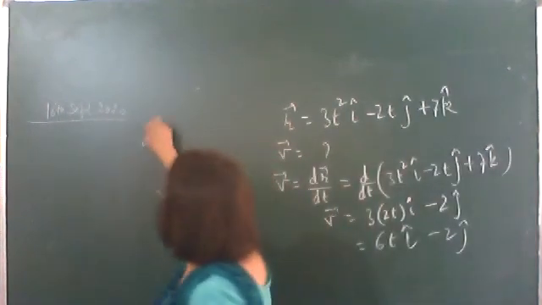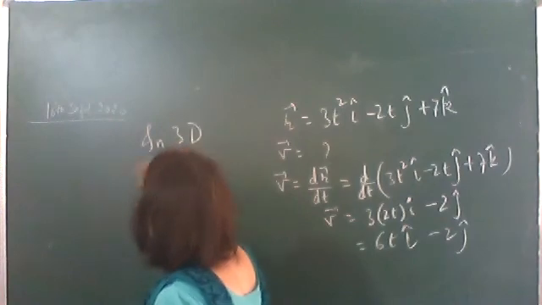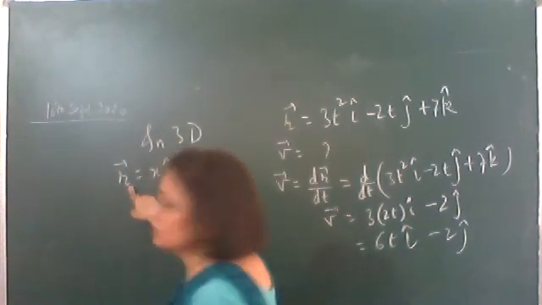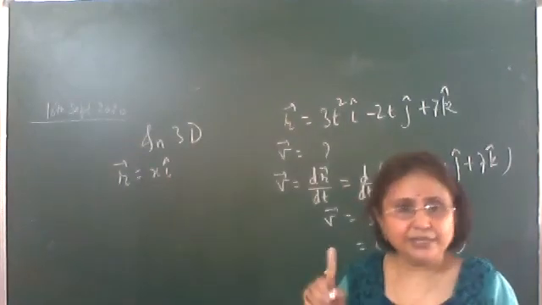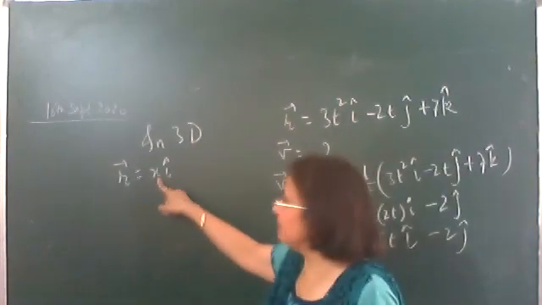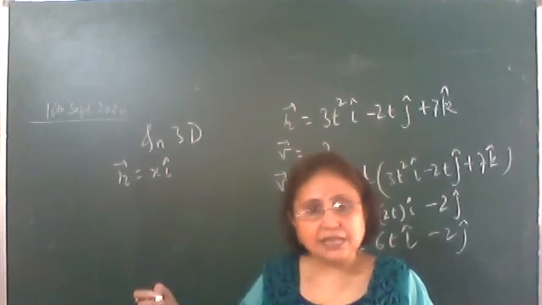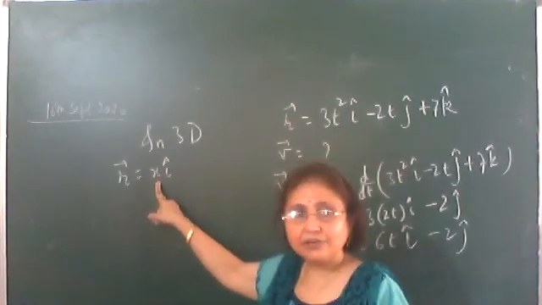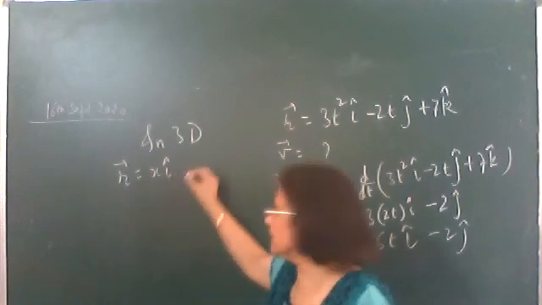So here in 3D, the position vector can be written as follows. We have already discussed the position vector, R vector. It has some component along the x-axis. Let the distance traveled along x-axis be x into i cap.